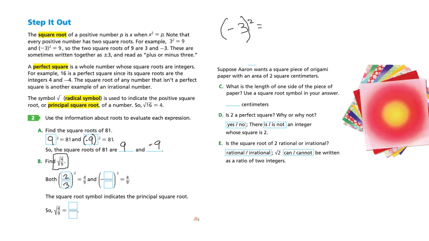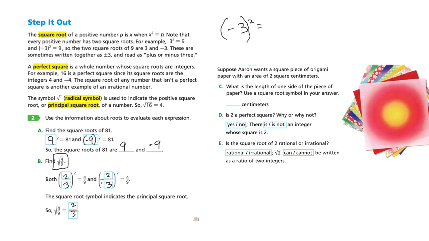And the opposite of that, and you can see the little negative sign there. And so there's the other one. The square root symbol indicates the principal square root. So the square root of 4/9 is 2/3, because that's under that radical sign symbol.